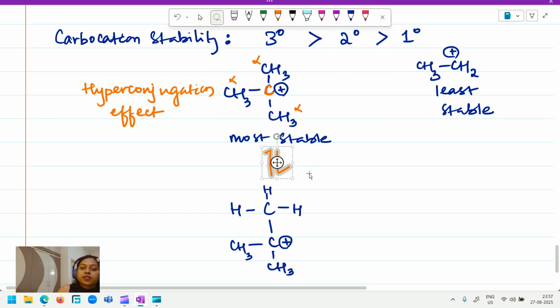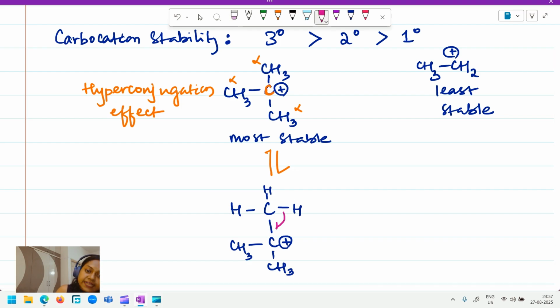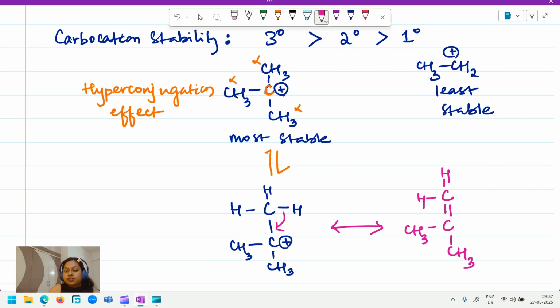Any one of the hydrogens can give its bond electrons to the carbocationic carbon. As a result, you see a carbon double bonded to the previous carbon, with two hydrogens attached to it, and CH3 and CH3 groups. The carbocation's plus charge is mitigated because the bond electrons of hydrogen were given to it.